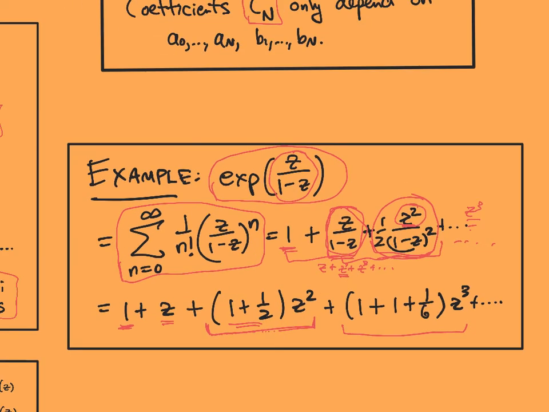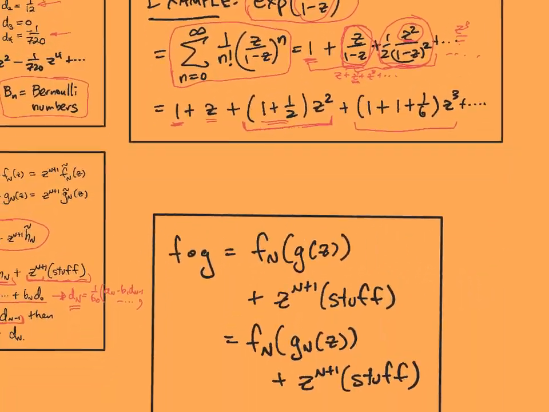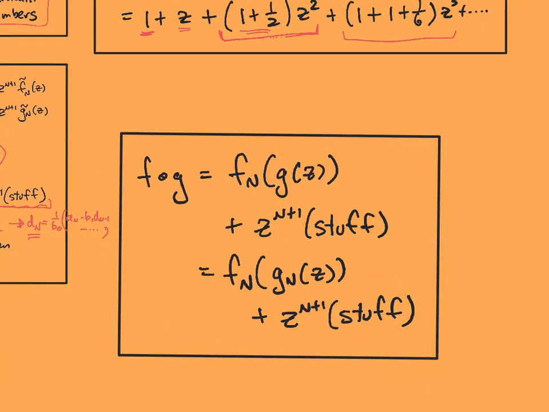Very briefly, we can justify how this works. So we'll write out F and G as we have been, using just the beginning sections of their power series. So if I plug G into F, then I'll have Fn with G plugged into it, and then I'll have another term that's obtained by putting G into the term z to the n plus 1 times Fn tilde of z.